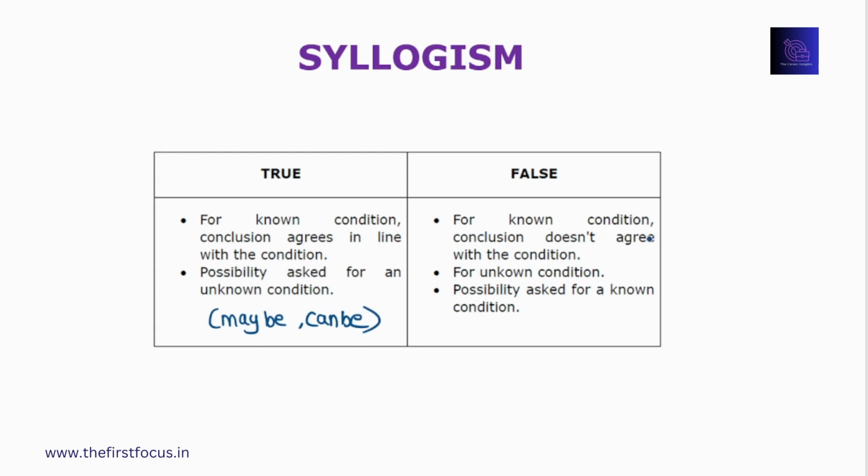For a known condition, if the conclusion doesn't agree with the condition, the conclusion will be false. For an unknown condition, the conclusion will be false. If possibility is asked for a known condition, the conclusion will be false. These are the situations where the conclusion will be true or false.